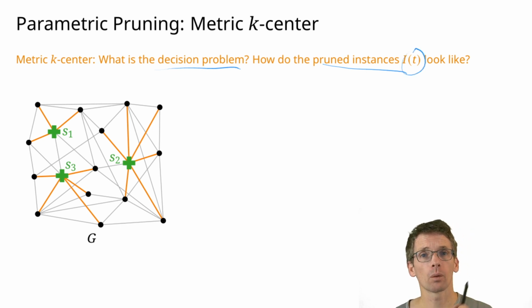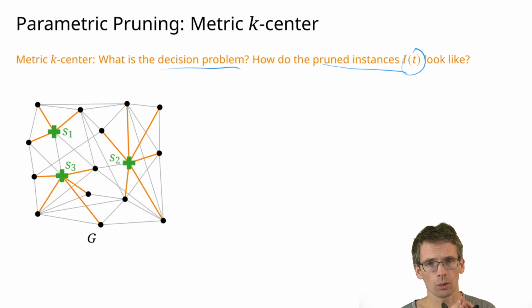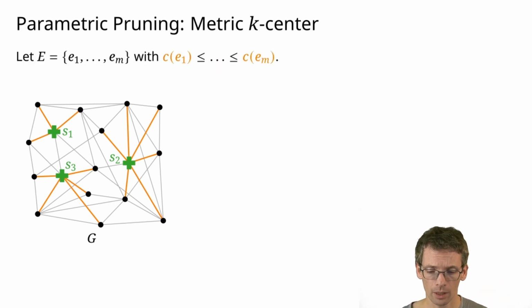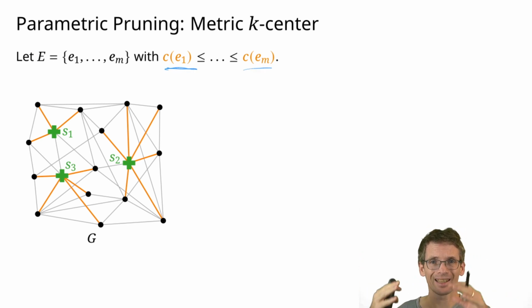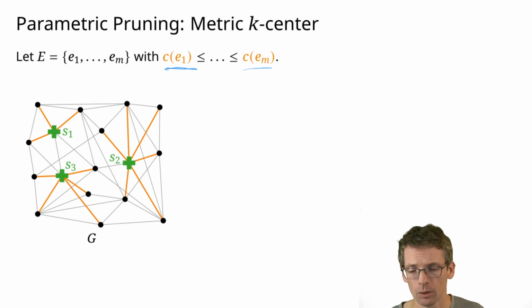But we will not need to test all values of t. We only need to take those values which opt might actually attain. And those are actually only the edge costs that occur. So the optimal solution, whatever its cost will be, has to be a cost of an edge that actually exists. So I will only consider those values as t.